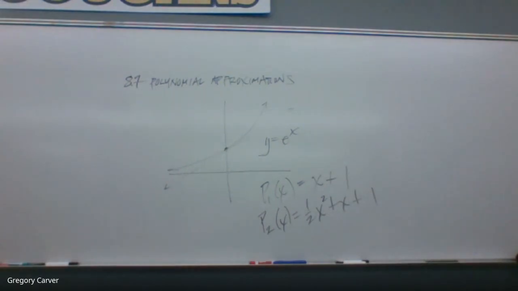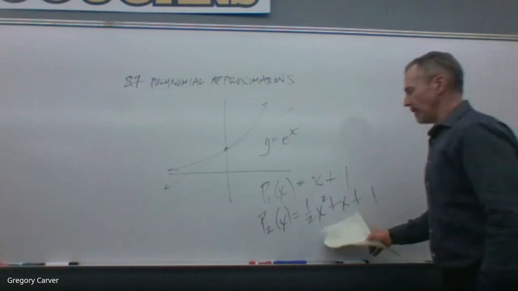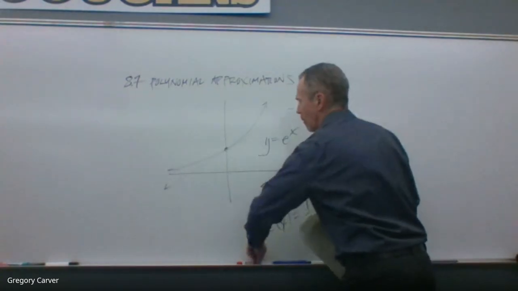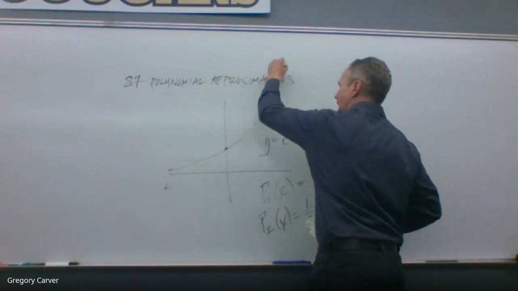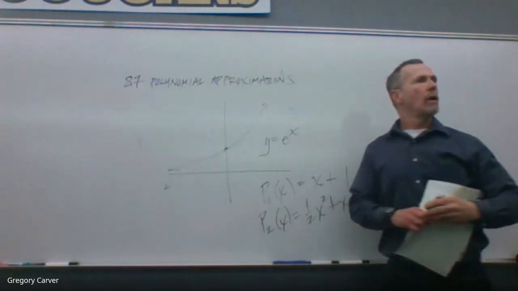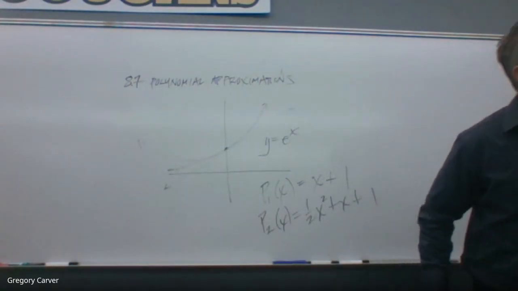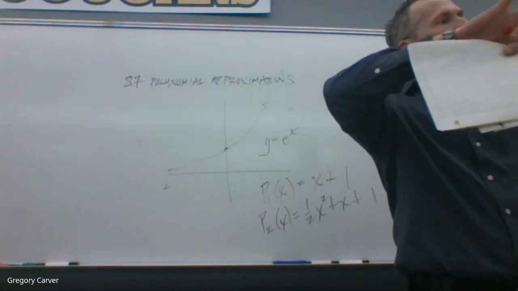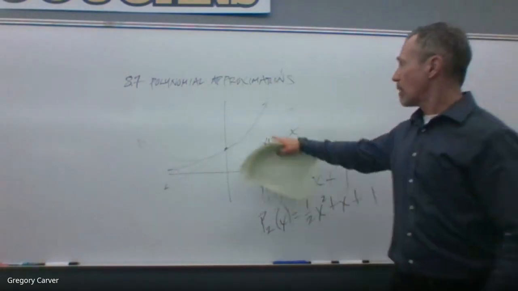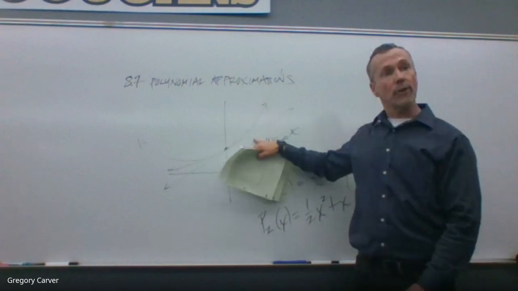Here's the important part. When you have a second degree polynomial that looks like this, you can take my word for it, but when you graph it, you get something that looks like that, which is a more accurate approximation of e to the x a little farther out, because this more closely approximates e to the x than the straight line.